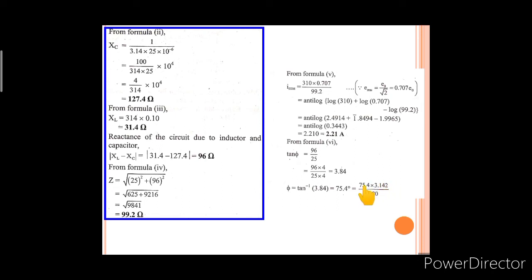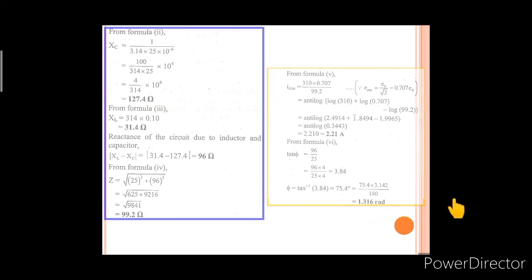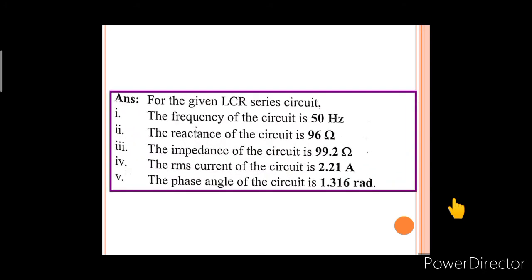So we can write it as 75.4 into pi upon 180. So it is 75.4 into 3.142 upon 180, and finally we are getting our answer in radians for the phase angle, that is phi is equal to 1.316 radian.